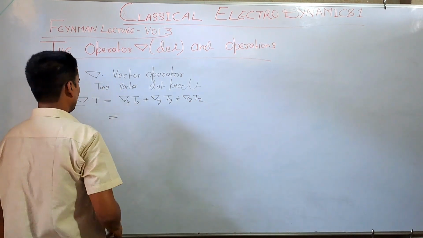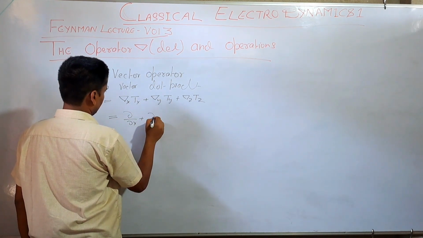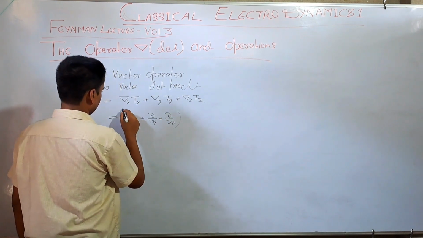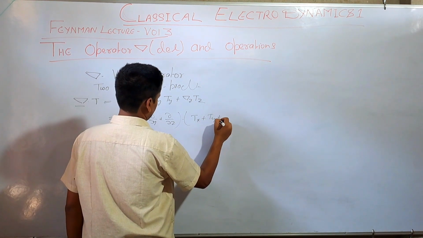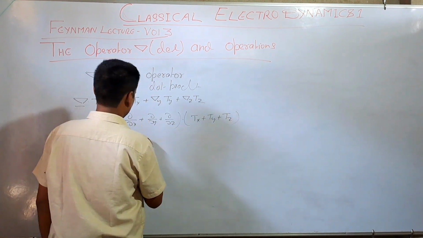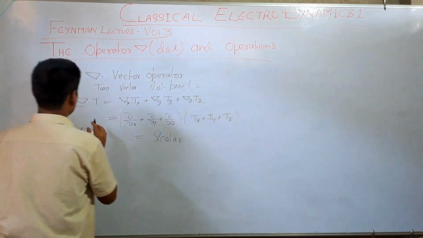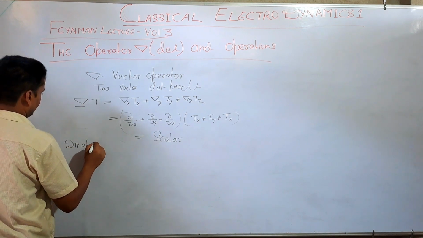This is the dot product, or del by del x plus del by del y plus del by del z dotted with Tx plus Ty plus Tz, and we will get a scalar. And this is called divergence of T.